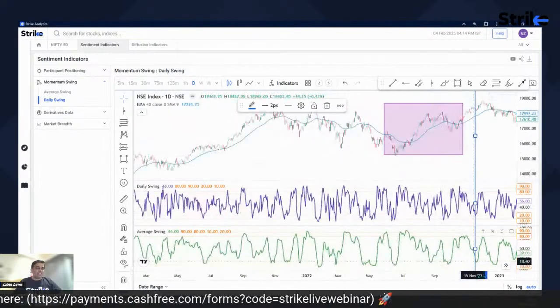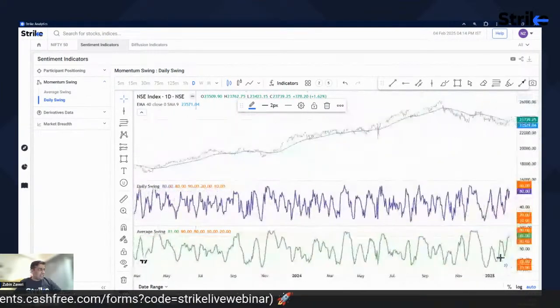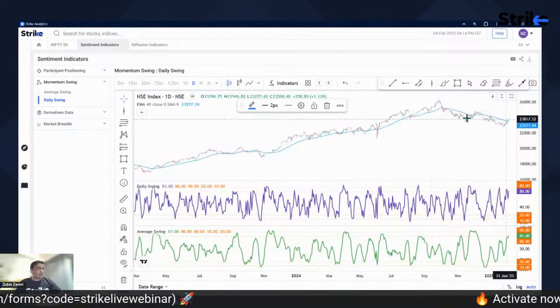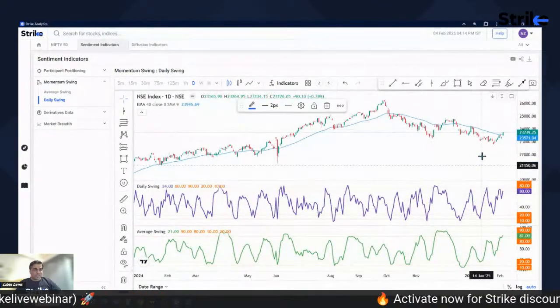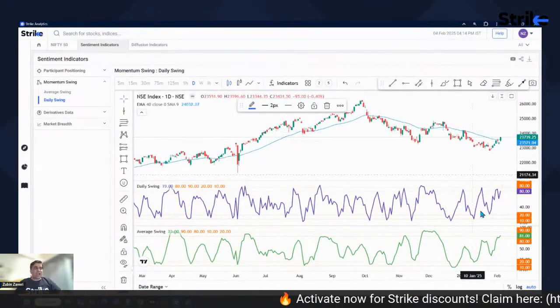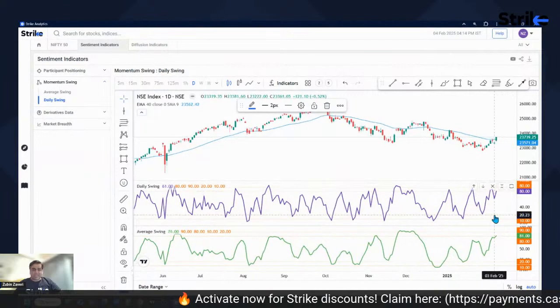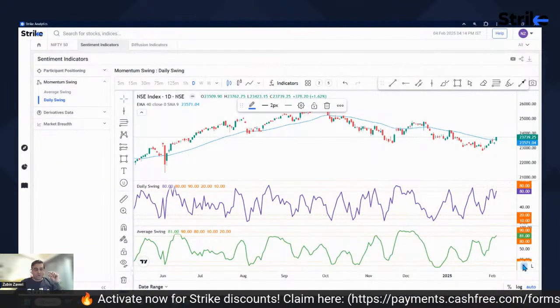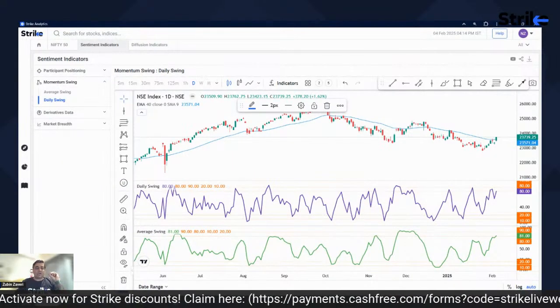All right, so you can use this daily swing, average swing, and the 40 EMA in combination, and you can look at this particular indicator, especially for very short term trading.